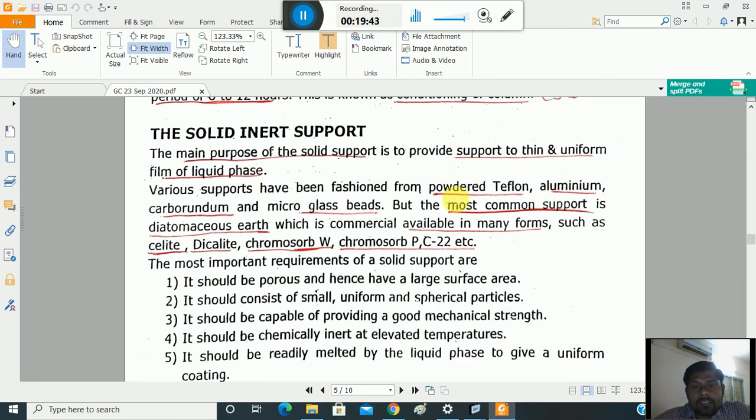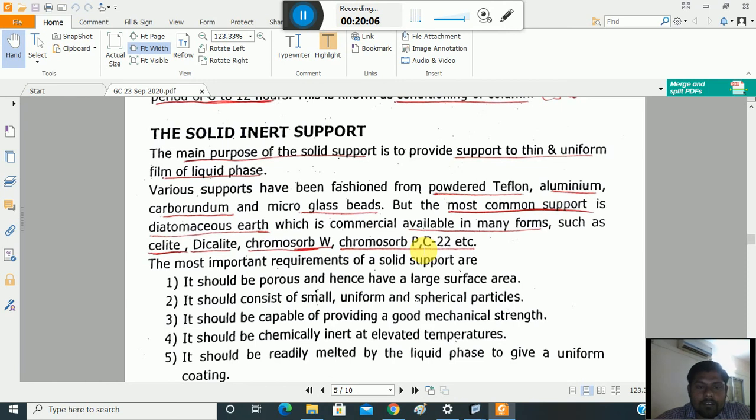Some materials are powdered Teflon, aluminum, carborundum, microglass beads. Most common support is diatomaceous earth, which is commercially available in many forms such as Celite, Dicalite, Chromosorb W, Chromosorb P, C22. Those are the diatomaceous earth.